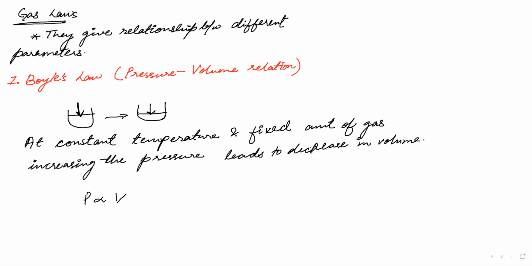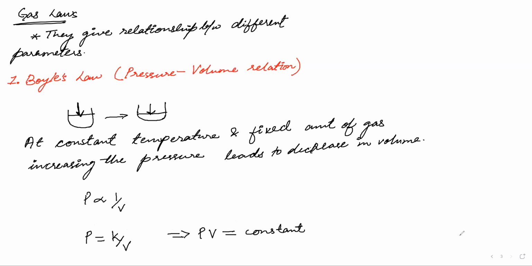P is inversely proportional to V, and hence we can write P is equal to some constant K by V. We can also write it like this: the product of pressure and volume is a constant.